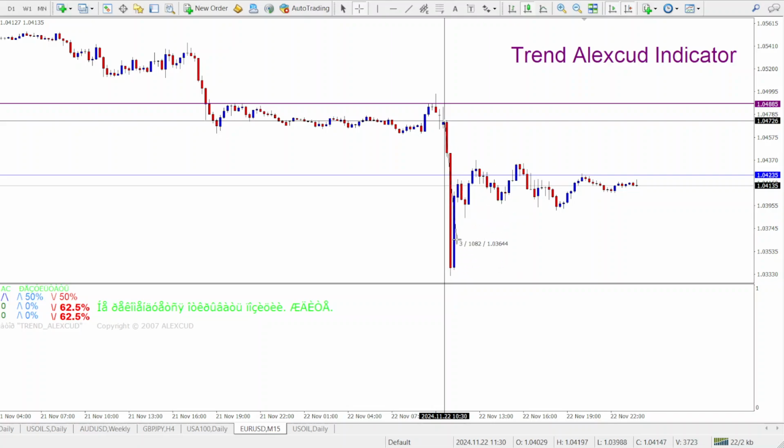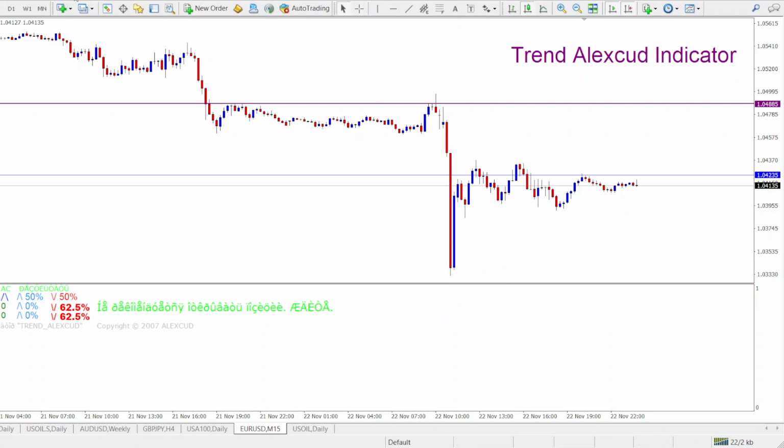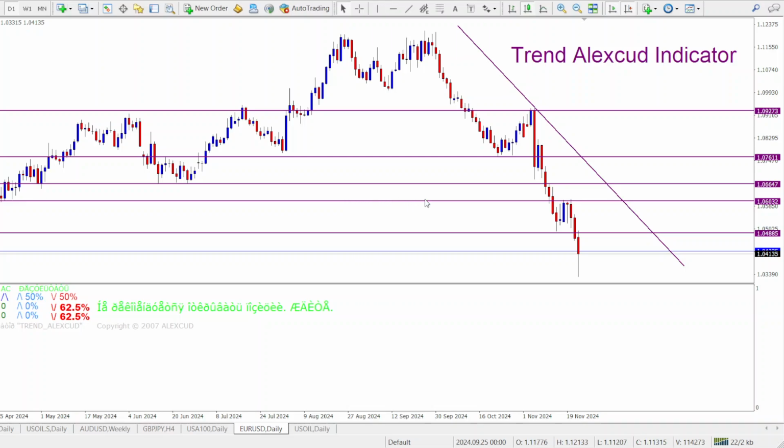Even if we are targeting here, we would have been getting somewhere around a 1 to 3 risk to reward ratio. But if we're targeting this support, we should be getting around a 1 to 4 risk to reward ratio. So that's actually a great catch. You can see that the benefits of support and resistance levels are really very high.